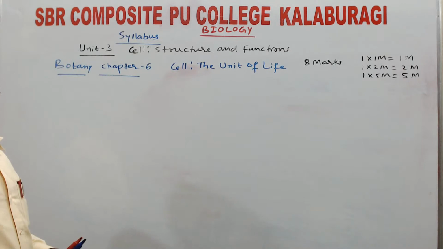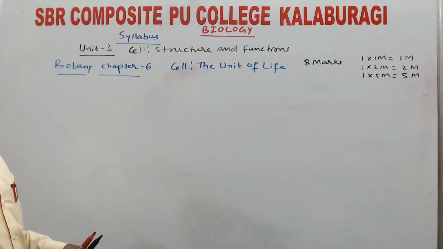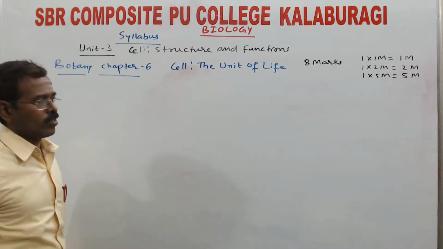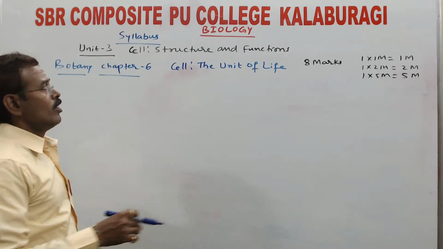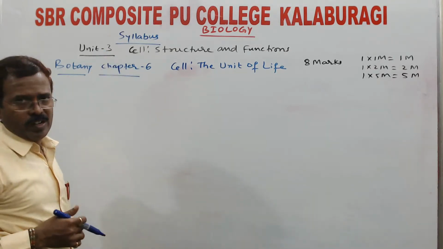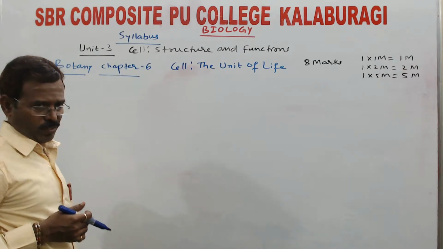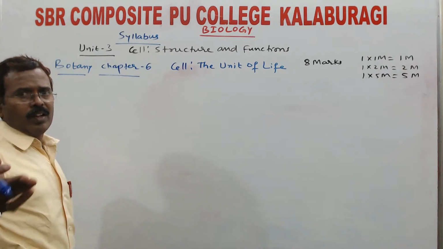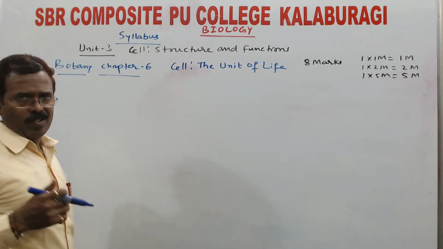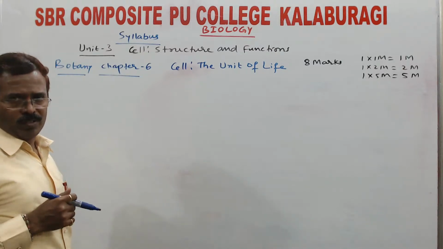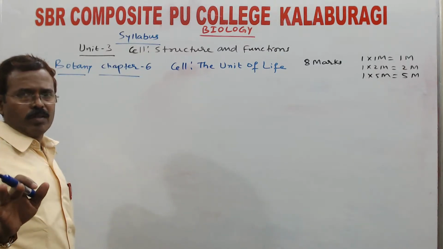Very important chapter, big chapter. What are the various concepts that we learn in the cell, the unit of life, the chapter coming under unit 3, cell structure and functions? Here 3 chapters are there: biomolecules, cell cycle and cell division. Those will be covered in the zoology part. I am going to teach the botany part.